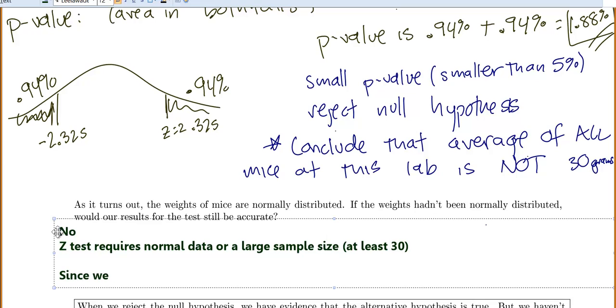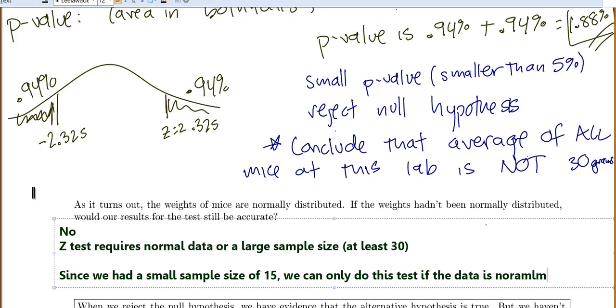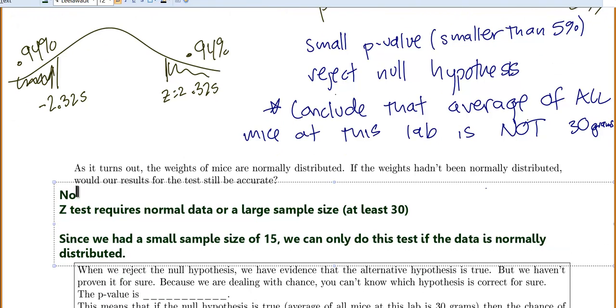So since we had a small sample size of, what, 15? We can only do this test if the data is normally distributed. So usually you should check that before you actually do all of your computations.